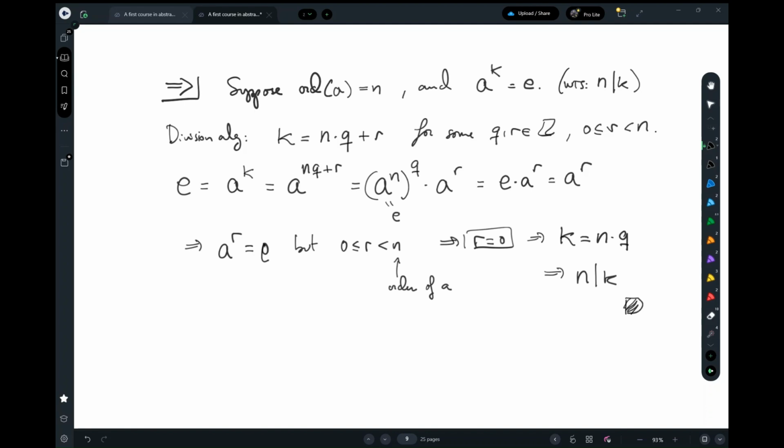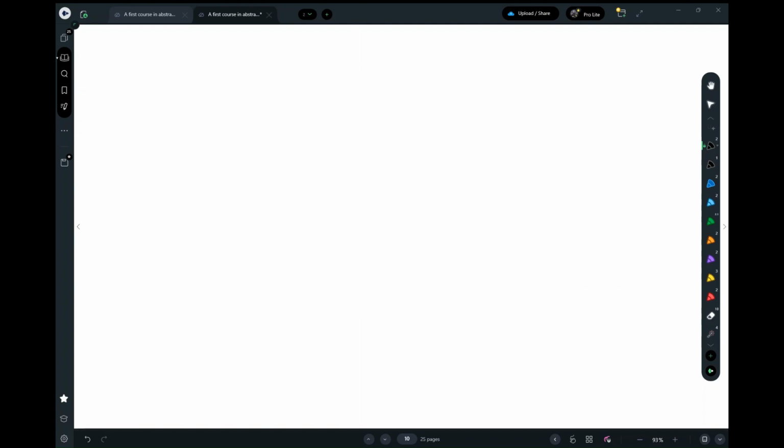And now, before I do some more examples, let me prove one more thing today. So here's what I want to prove now. Suppose that G is cyclic.